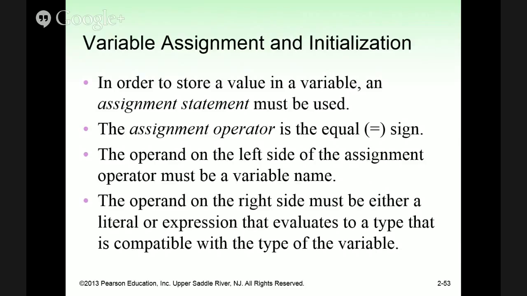Okay? If you have a string data type on the left side of the equal sign, then it's up to you to make sure that whatever you put on the right side will come back as a string. Okay? So you have to make sure that the type matches, or else this assignment operator will be invalid. You'll get an error, either a compile error or a runtime error, depending on exactly how the code is written.